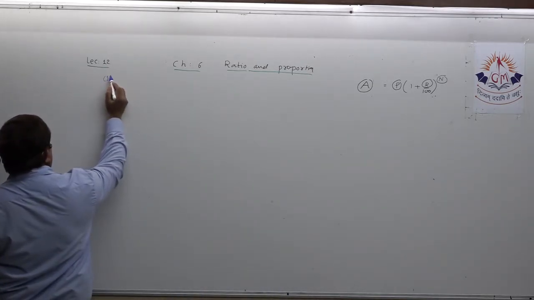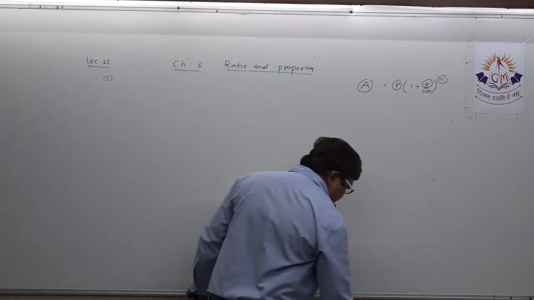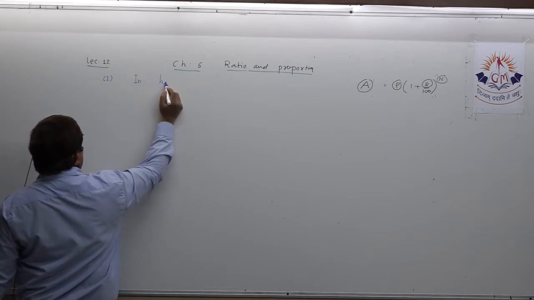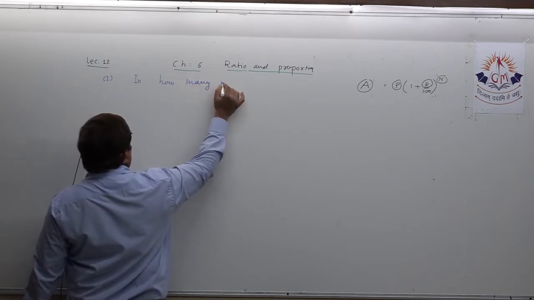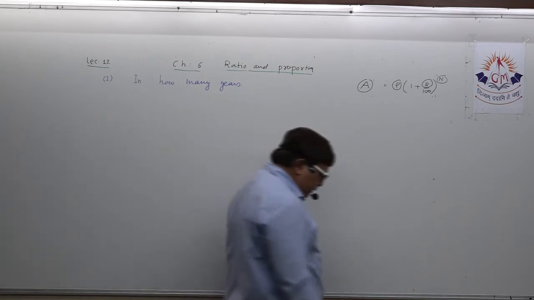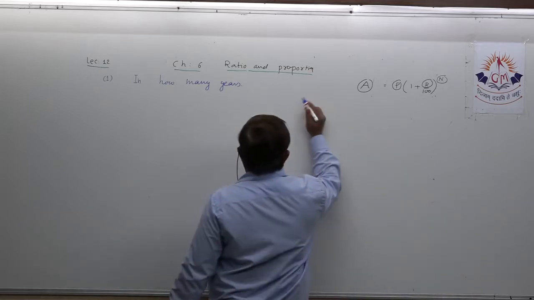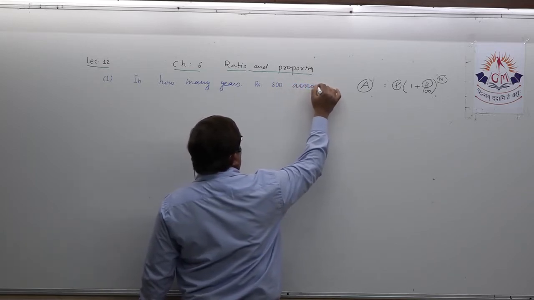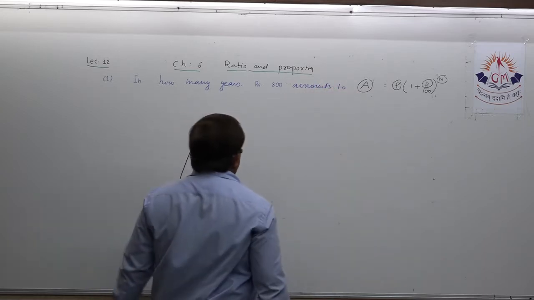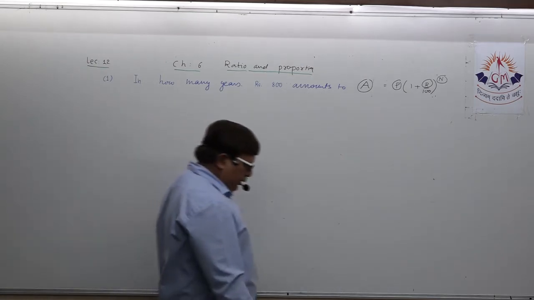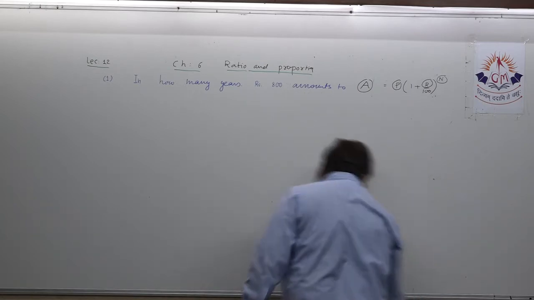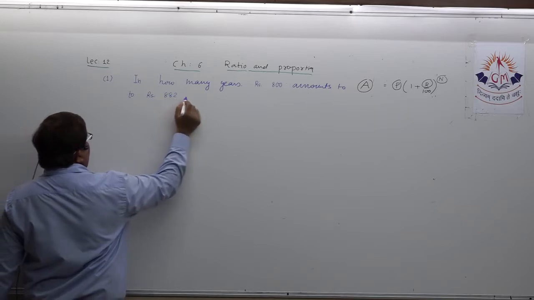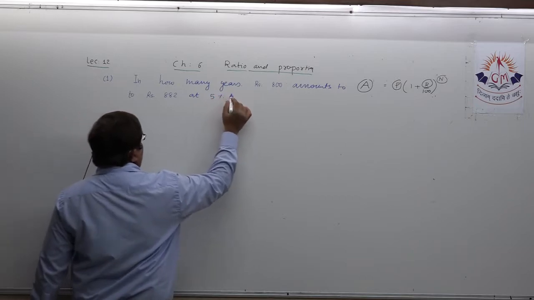Question number 1. Note down the question with me: in how many years rupees 800 amounts to rupees 882 at 5% per annum, if interest is compounded annually.